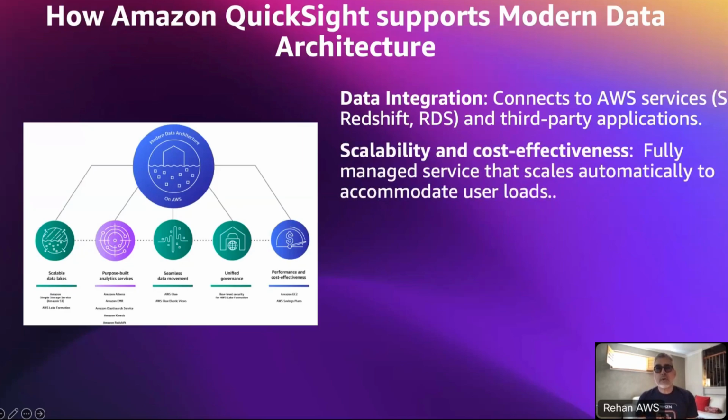Scalability and cost effectiveness. Being a fully managed service, QuickSight scales automatically to accommodate varying user loads, from a small team to large enterprises, without the need for additional infrastructure. Yeah? So the scalability ensures that organizations can grow their BI capabilities alongside their data needs without managing any infrastructure at all.